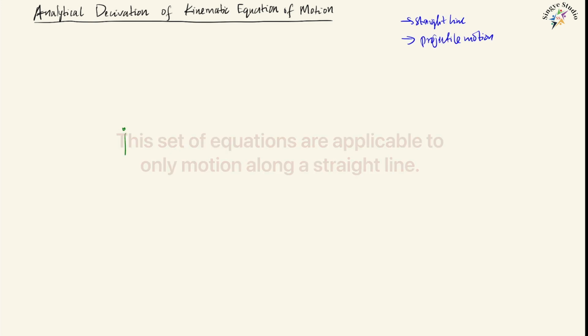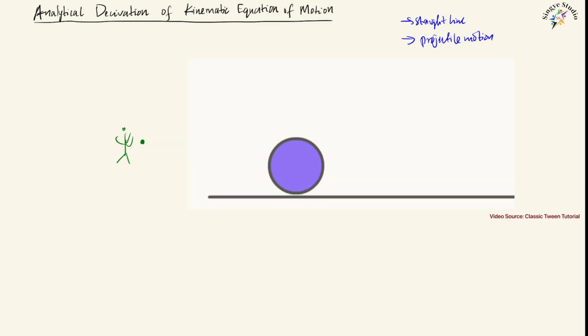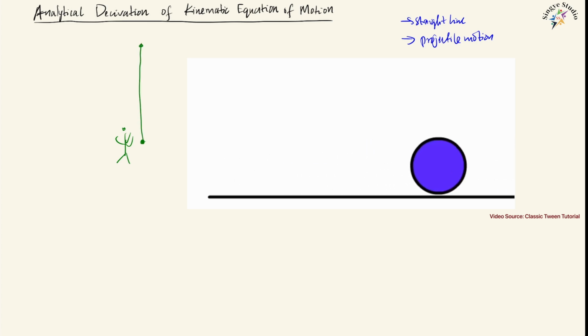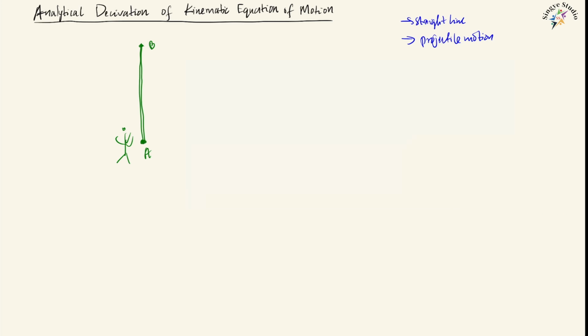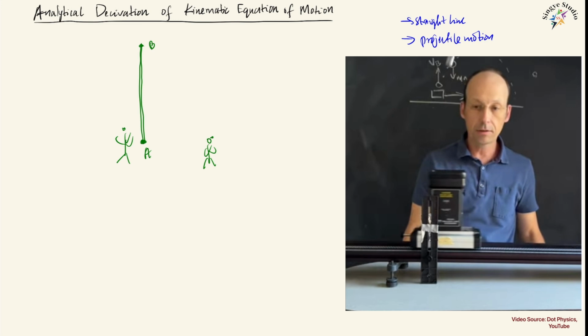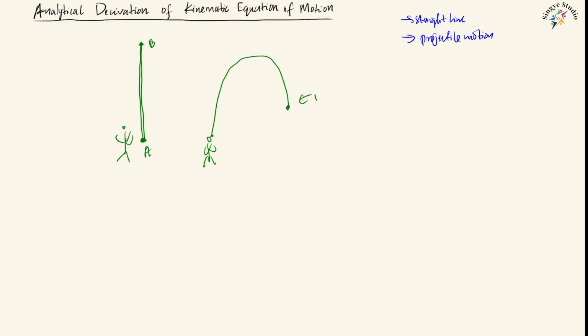Here, straight line motion means that whenever the object moves, it always follows a straight line. For example, if a boy throws this ball from A to B and then the ball falls down somewhere else, that kind of motion is called projectile motion, and this kind of motion is the straight line.